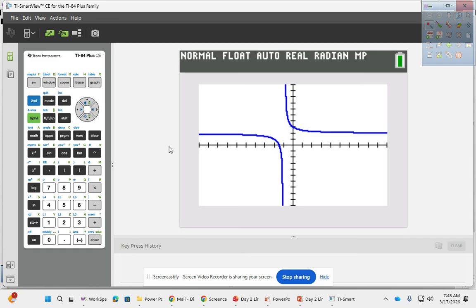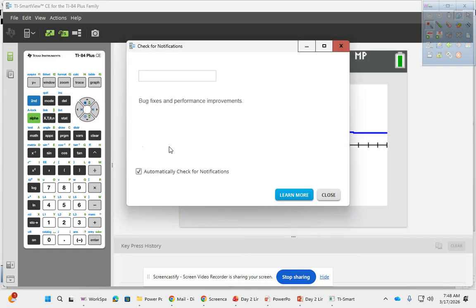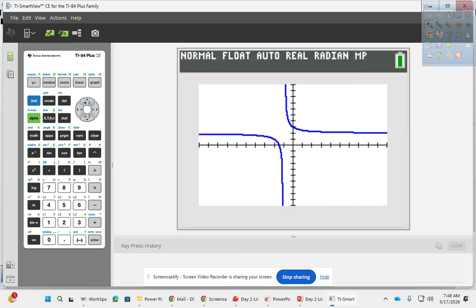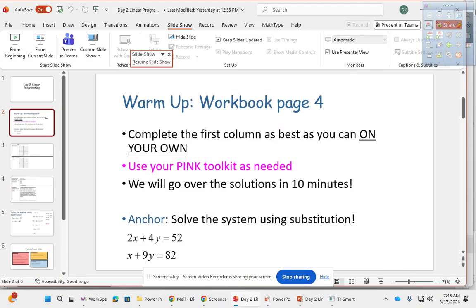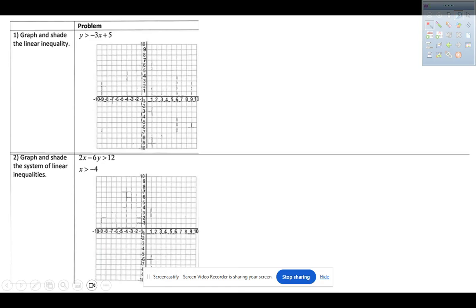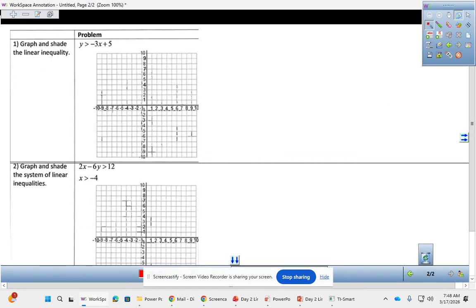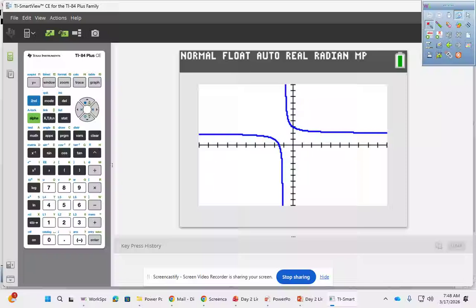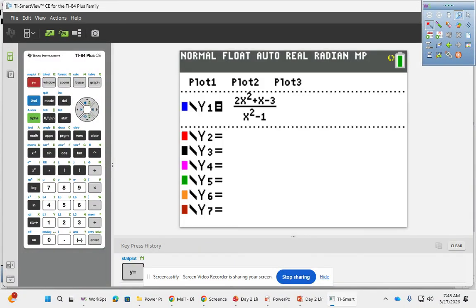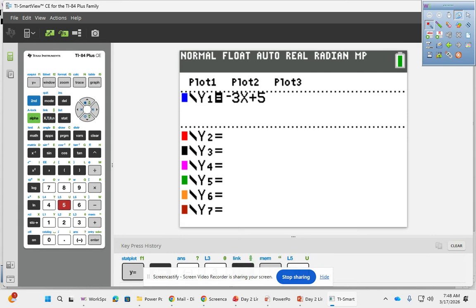There are two different ways that you can go about plotting this line. The first way is you could use your calculator. So if the equation is negative 3x plus 5, I could go to the y equals screen and type in negative 3x plus 5.